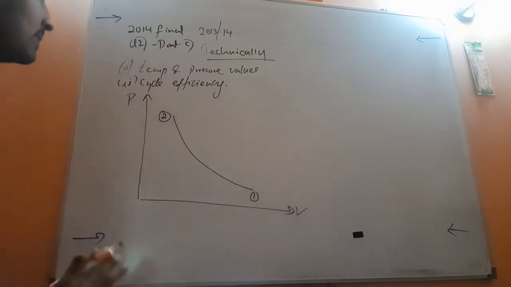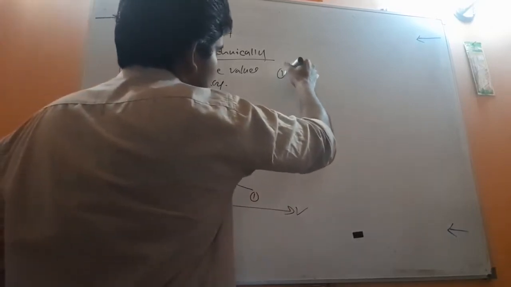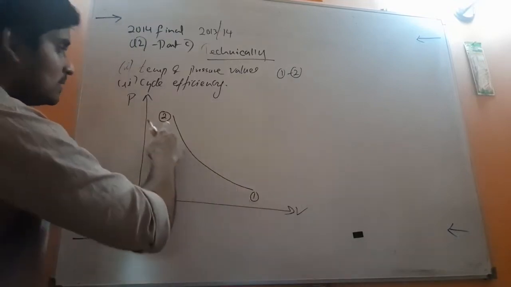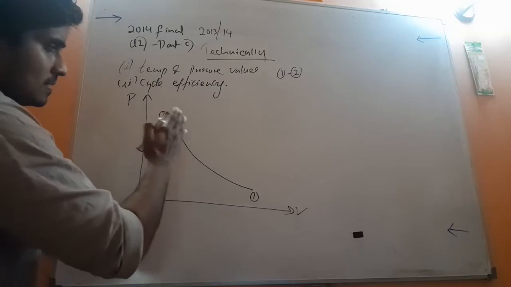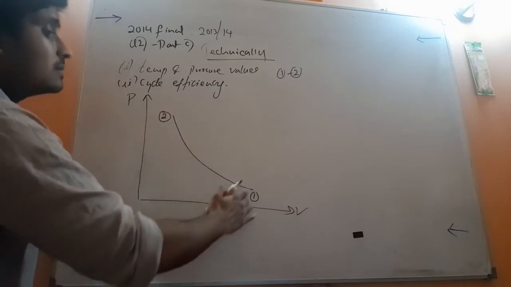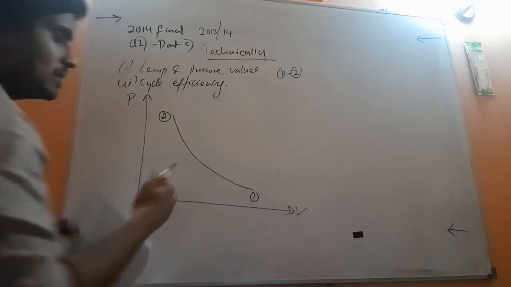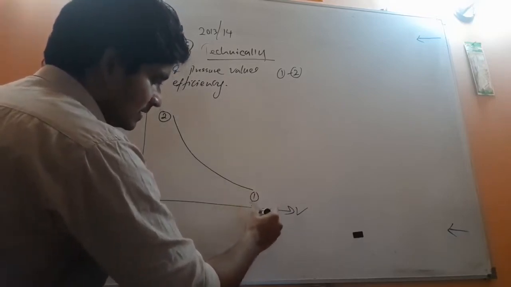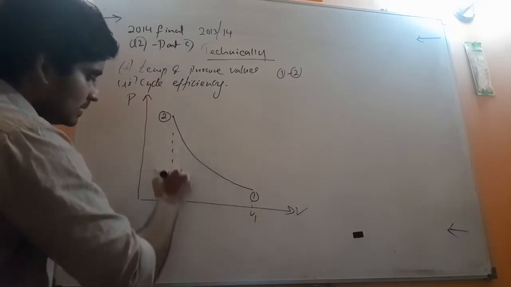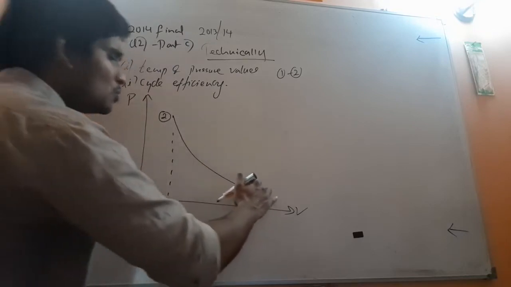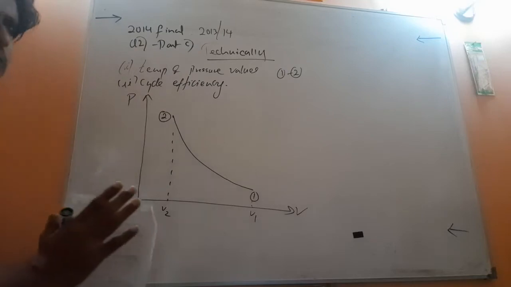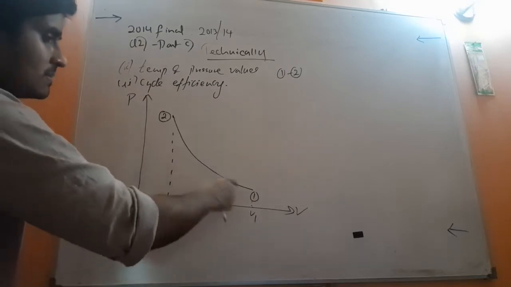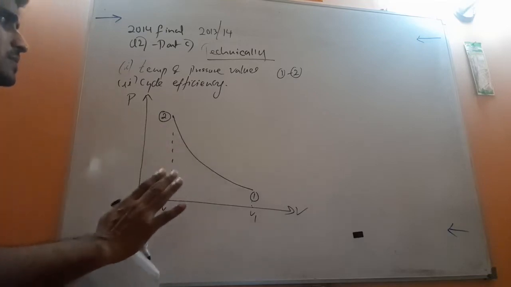The first process is point 1 to 2, which is reversible adiabatic compression. That means you are going to compress the volume. Here the volume is, let's say, V1, and here the volume is, let's say, V2. But be very careful, this is reversible adiabatic compression.